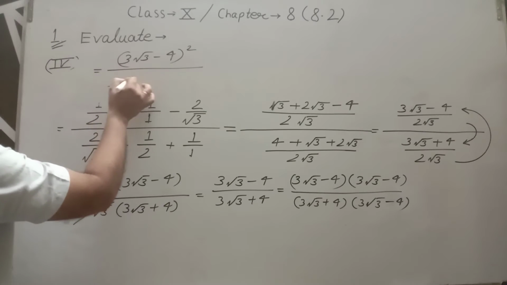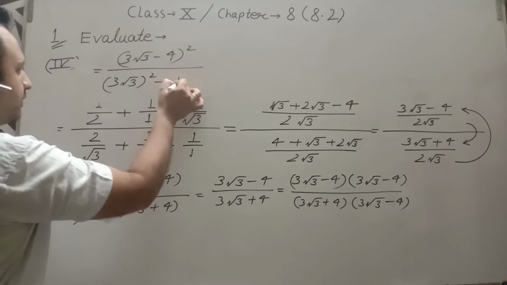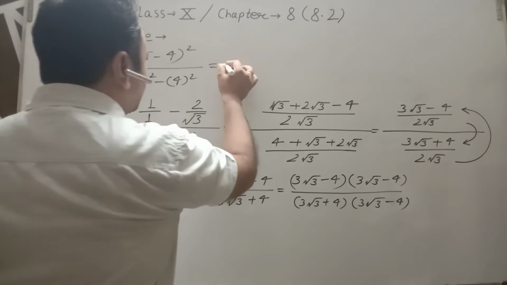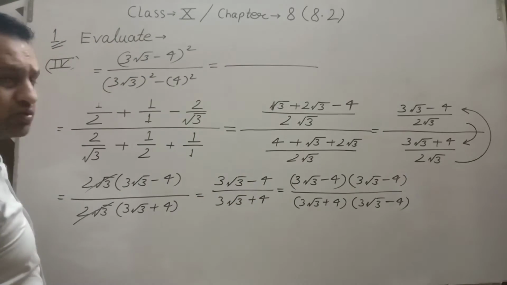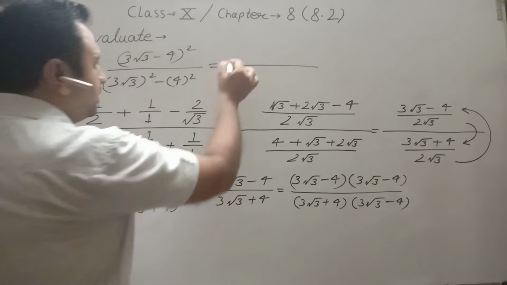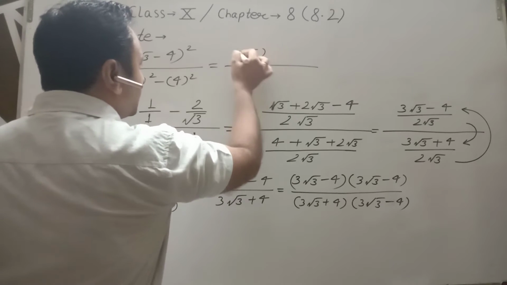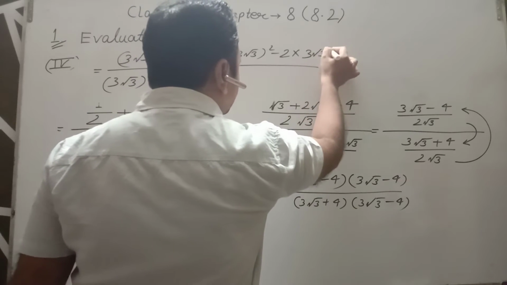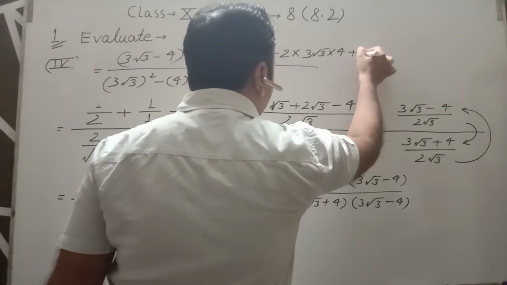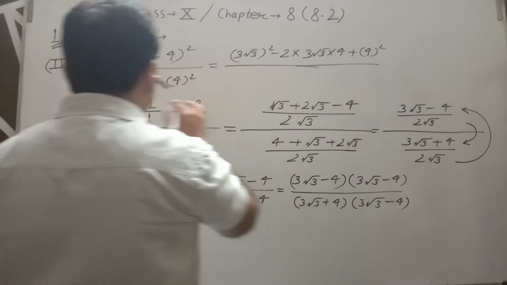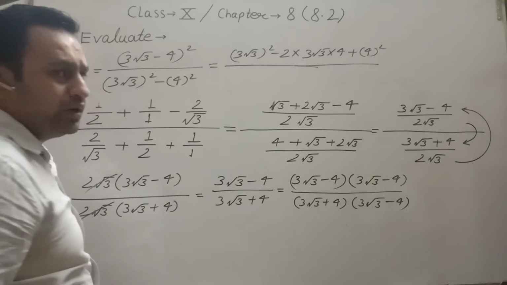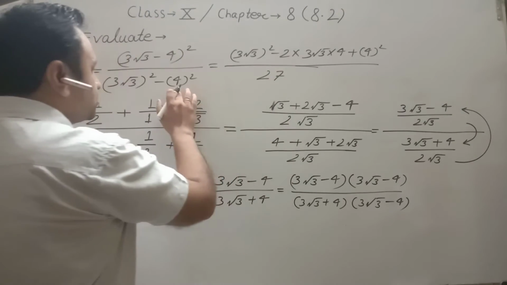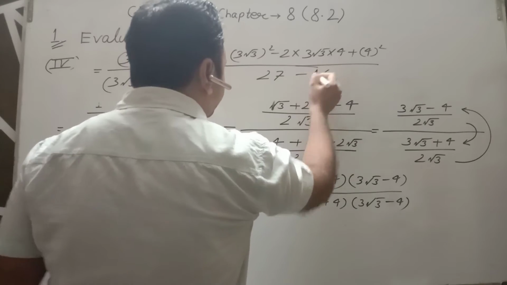It means 3 root 3 whole square minus 4 square. For 3 root 3 minus 4 whole square, we apply the formula for a minus b whole square, which is a square minus 2 into a into b plus b square. And in the denominator, square of 3 root 3: square of 3 is 9, square of root 3 is 3, 9 times 3 is 27, and square of 4 is 16.